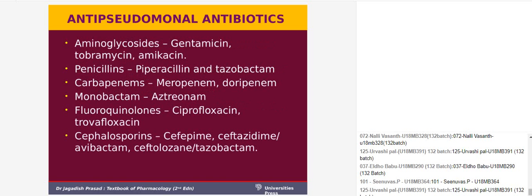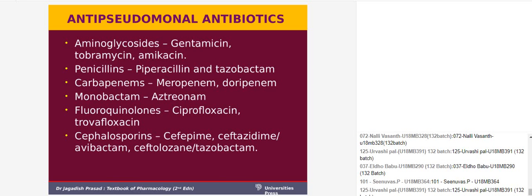And anti-pseudomonal antibiotics, if you see, are aminoglycosides, which are gentamicin, tobramycin, amikacin; penicillins, piperacillin and tazobactam; carbapenems, meropenem, doripenem; monobactam, aztreonam; fluoroquinolones, ciprofloxacin, levofloxacin; cephalosporins, cefepime, ceftazidime, avibactam, and ceftolozane.